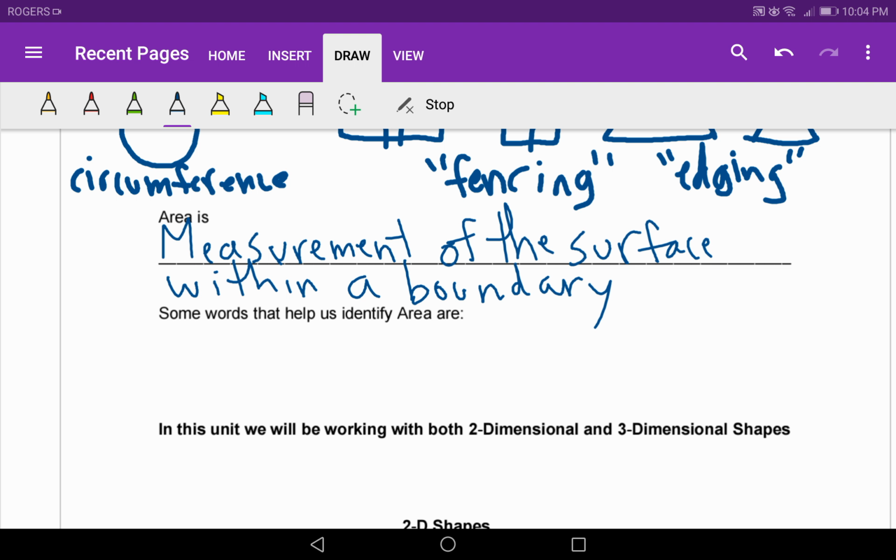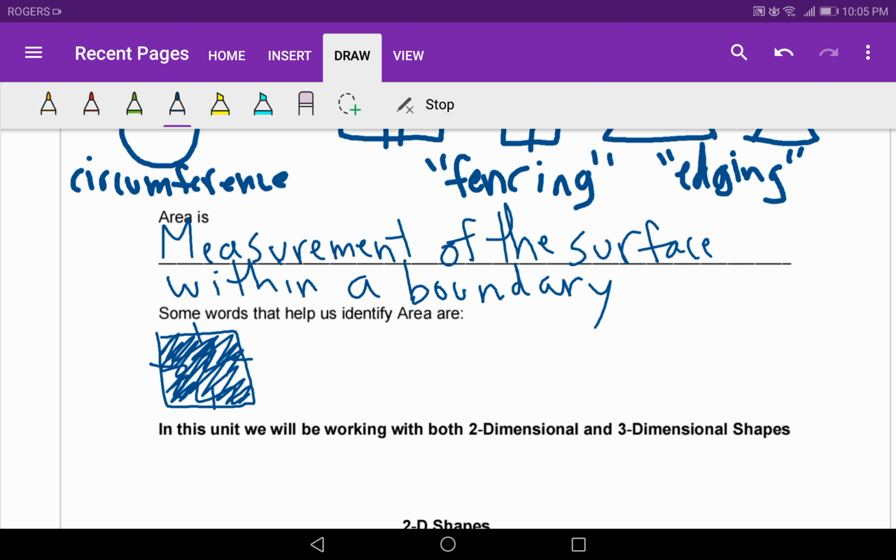All right, so if I were to draw some shapes, let's say I'll do my best there to draw a square. It would be the area inside the square, the space inside that square. And that goes for any shape, whether it's a circle, trapezoid, triangle, rectangle.